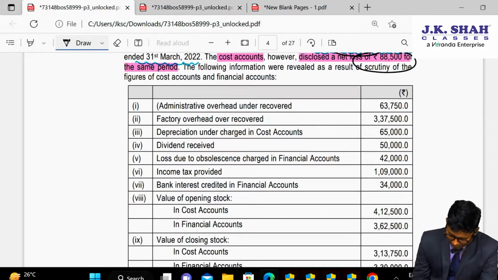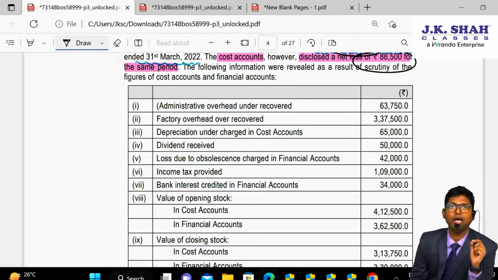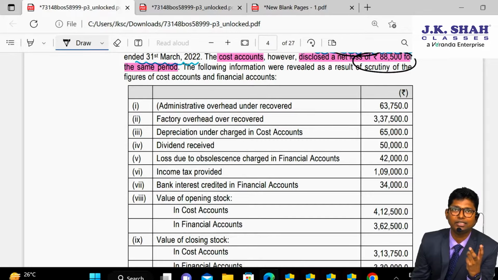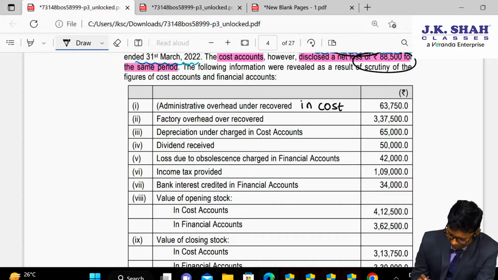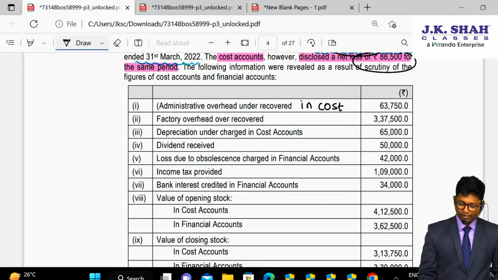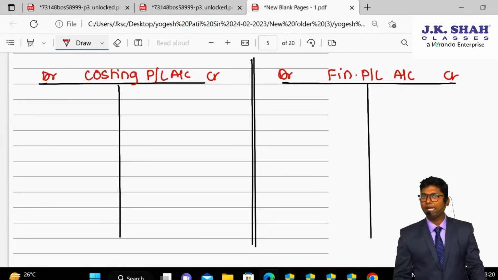Information number 1 says that the administration overhead is under recovered. When a question says recovered, absorbed, charged, these are methods or techniques which we use in costing. That's why administration overheads are under recovered in cost. Now, what is the meaning of under recovered in cost? Try and understand. Here I drafted 2 P&L accounts.